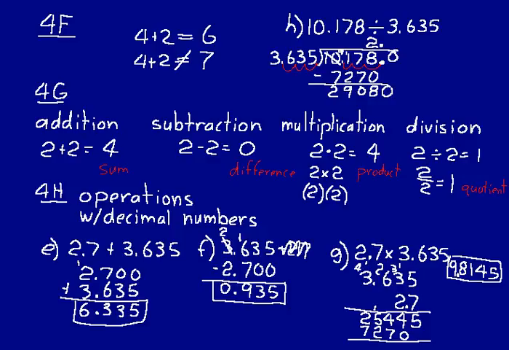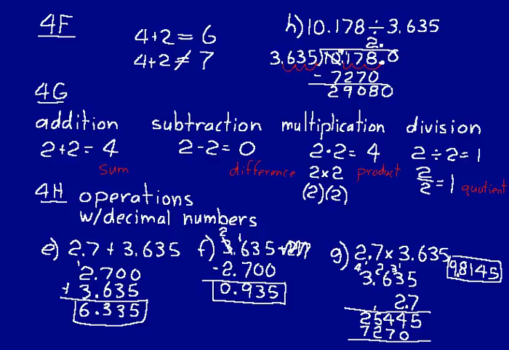And you just think, well, 3,635 times what is going to equal around 29,000? It's going to be pretty close to 10. So let's try 9. 3,635 times 9 is 32,715, so that doesn't work. So let's go 3,635 times 8, and that actually equals 29,080.